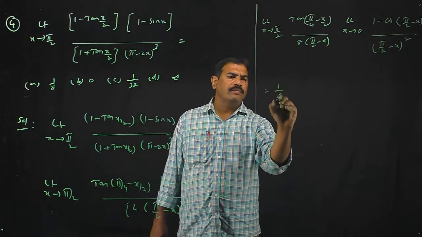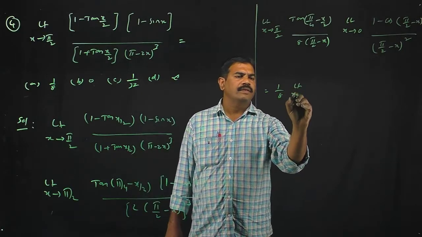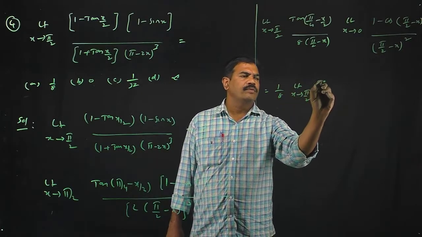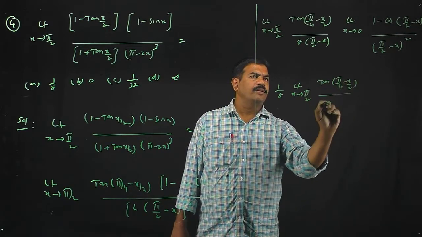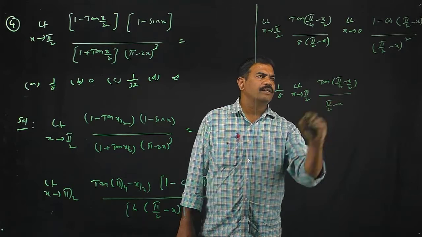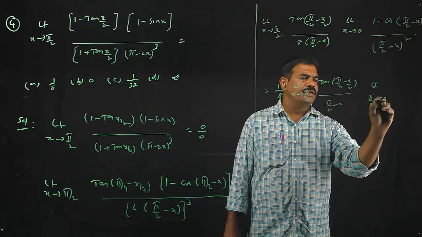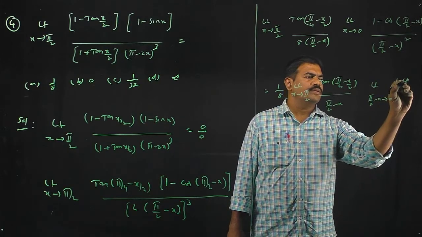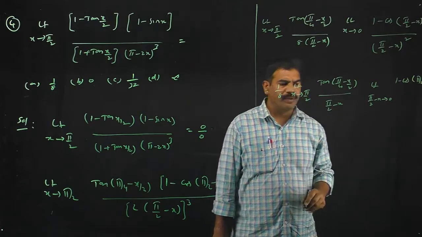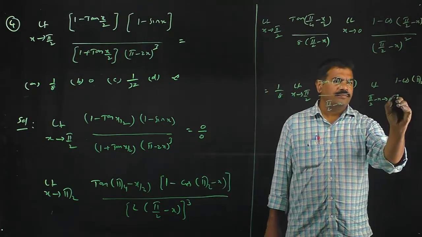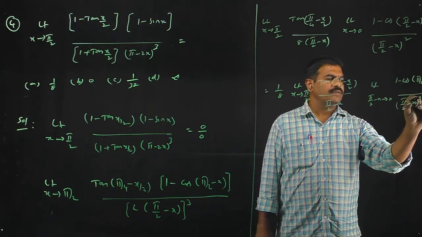It is equal to 1 by 8 into limit x tends to pi by 2, tan of pi by 4 minus x by 2 by pi by 2 minus x, into limit pi by 2 minus x tends to 0, 1 minus cos of pi by 2 minus x by pi by 2 minus x whole square.